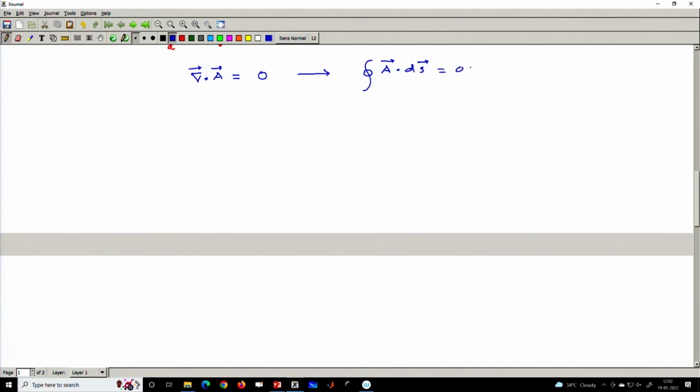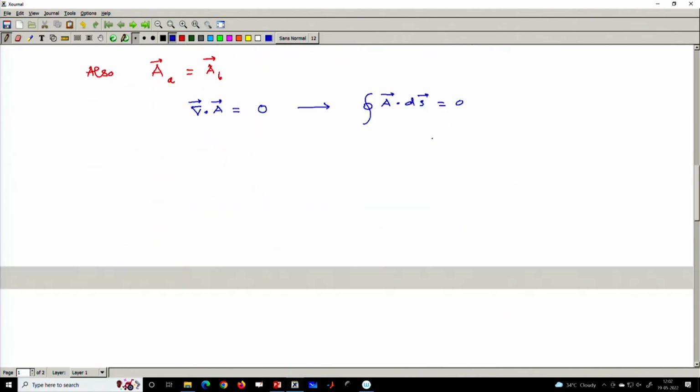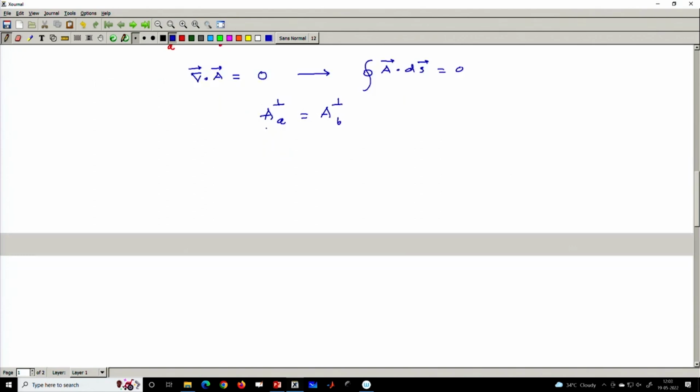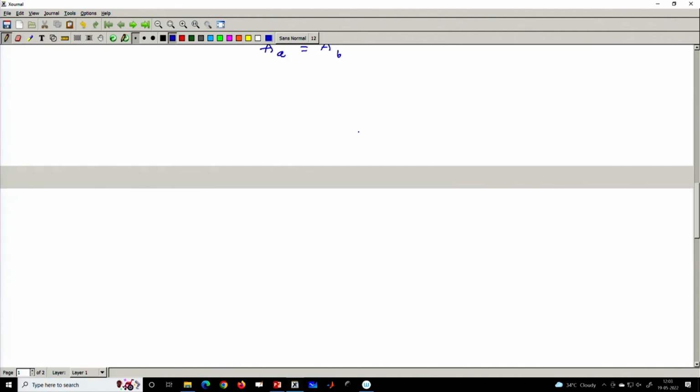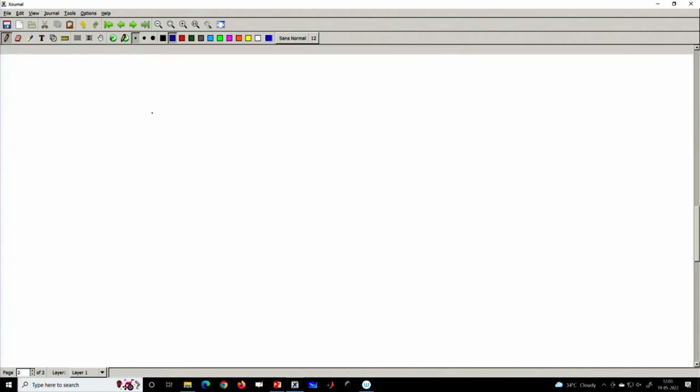Similarly to the way we calculate for B, we can see that the A perpendicular component of the above is equal to the A perpendicular component of the below. So, like the magnetic field, the vector potential also has the same relationship, the perpendicular components above and below are continuous. Well, what about the other component, that you can also figure out, let us do that in the next page.